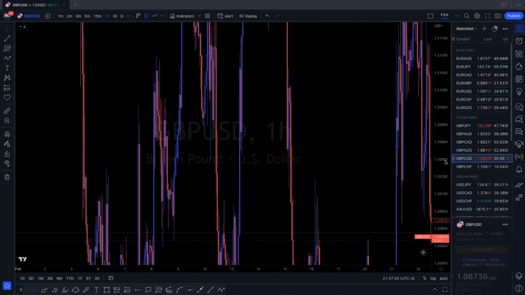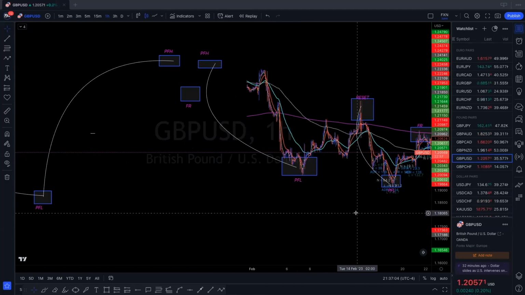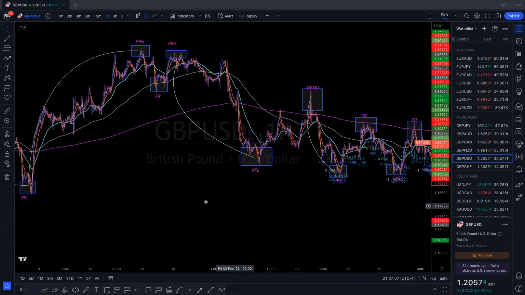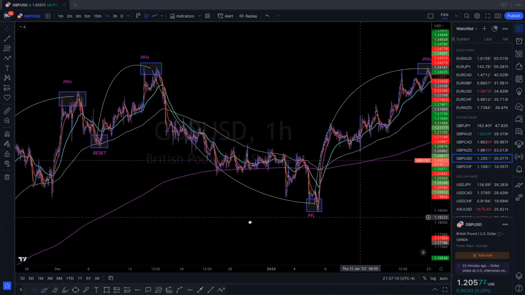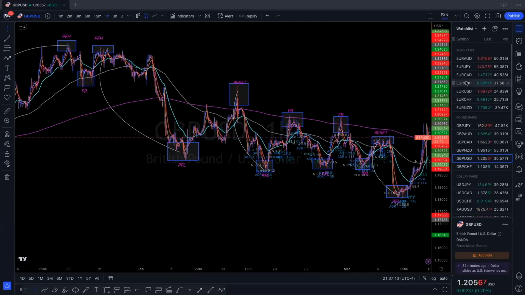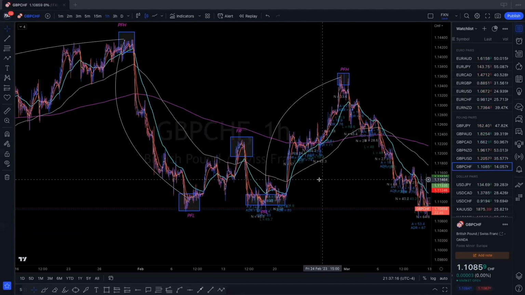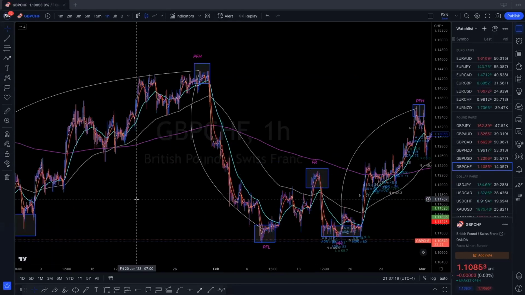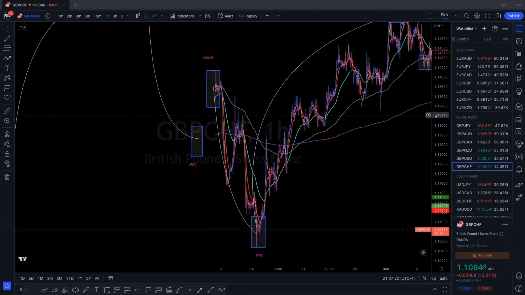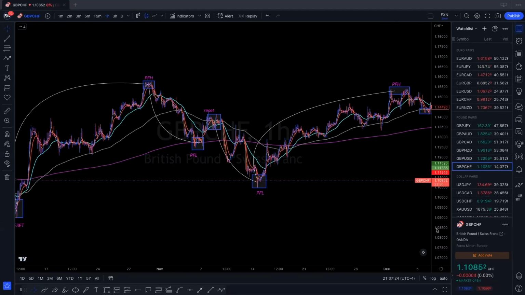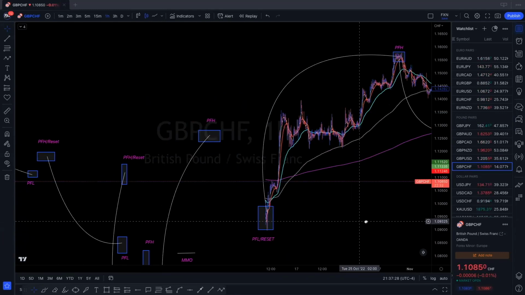Got it. So what I would do is look at the pairs, and out of all the pairs, which pairs have the least resets? Do you get what I'm saying? Look at the charts that you've already been mapping out, and see which pairs have the least amount of resets.